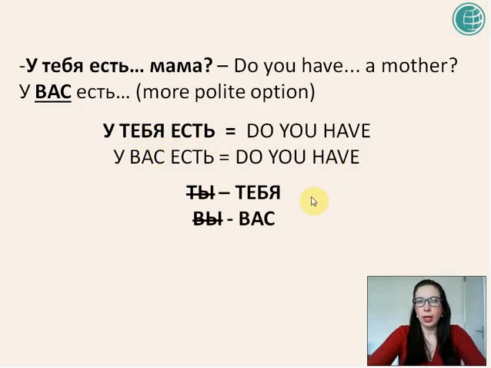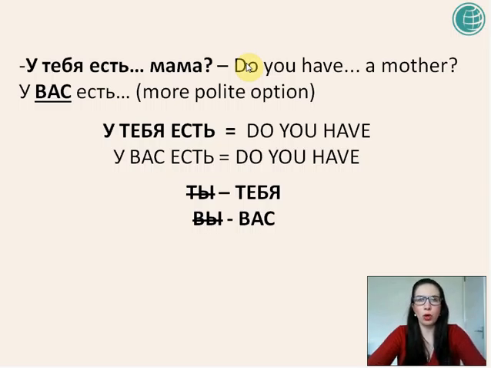And I will explain one more thing. In the English sentence, do you have, we have this pronoun you, which in Russian is ты. But in the Russian sentence, у тебя есть, we don't have this ты. We have тебя. It's another form of ты. So if you translate this sentence word by word, it will not be exactly similar to do you have.